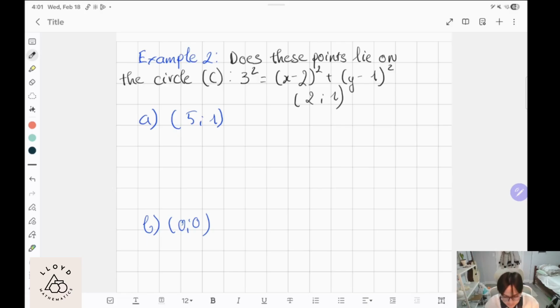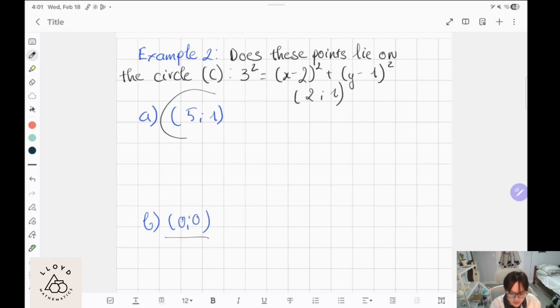One method to test is to replace the x coordinate of the point into x here and the y coordinate into y here, and calculate whether they are correct. If they're correct, the point lies on the circle, and if it's not correct, the point is outside of the circle or does not lie on the circle.